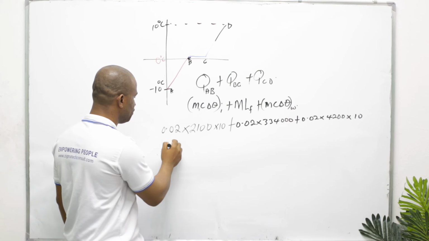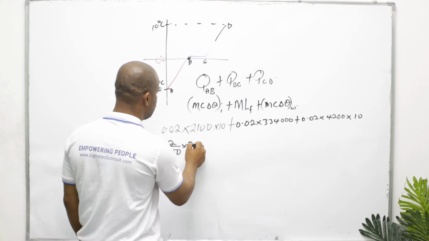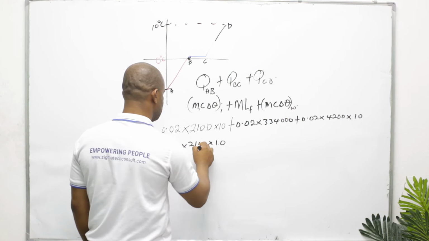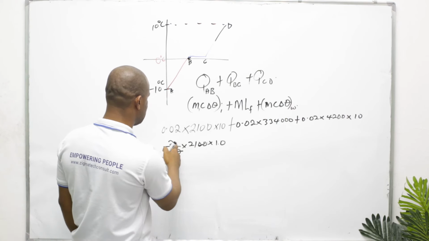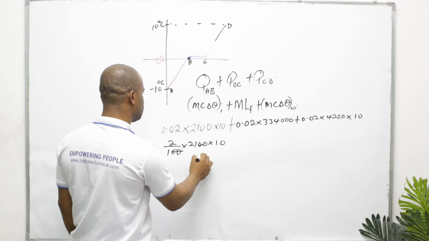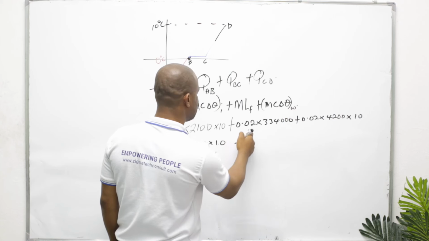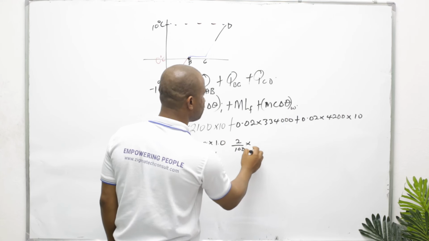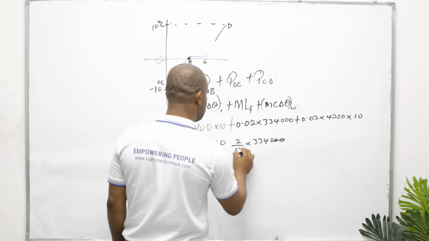This is going to be 2 over 100 times 2100 times 10. We cancel 2 zeros. This is 2 times 1 times this, so this is 42 times the, which is 420, plus. Coming to this one, this is 2 over 100 times 334000. 2 zeros cancel 2 zeros.